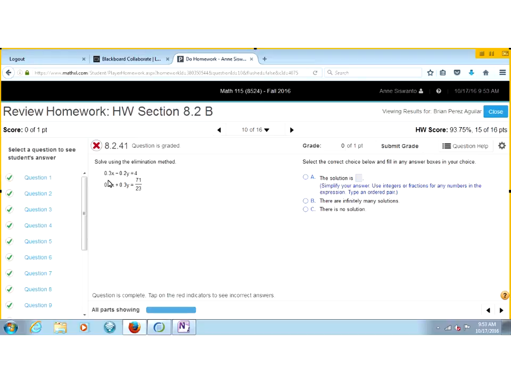Okay, should I do it on the board? So you have to clear the decimal first or the fraction first. It doesn't matter. Okay. So, you want to write it on the board? What was the problem?